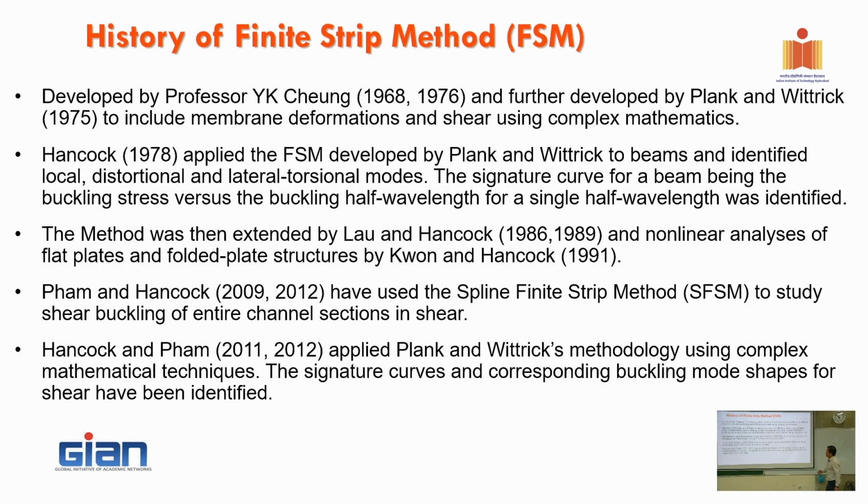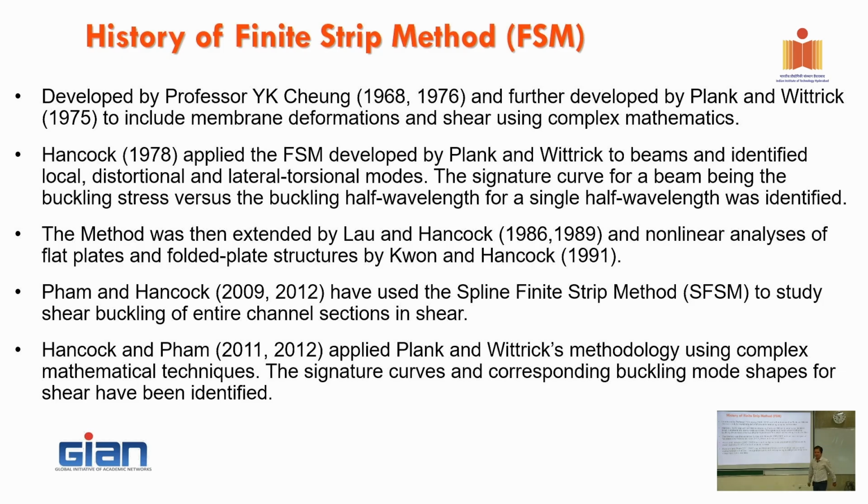And then later on, Craig and myself, we tried to think of different ways to do it instead of spline finite strip. So we started to play a bit of theory using a complex mathematics method. It's a little bit complicated math, but we can solve for shear. And you remember, shear is not simple. For bending, the buckling shape is simple, but shear is at 45 degrees.